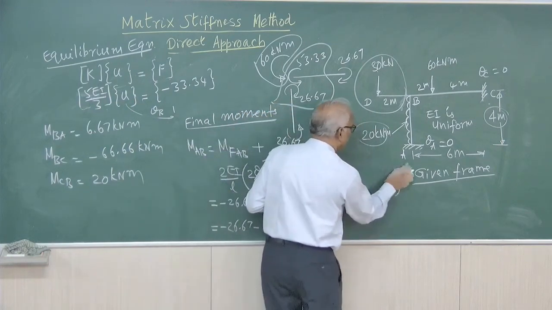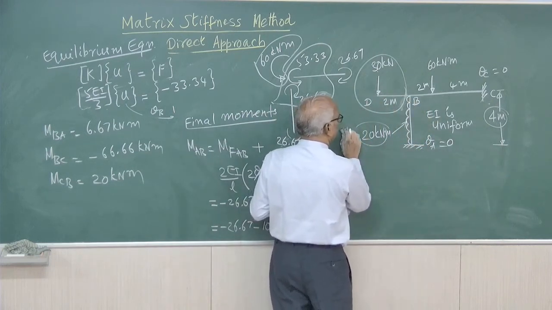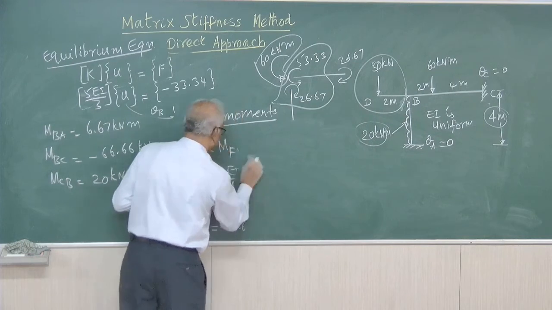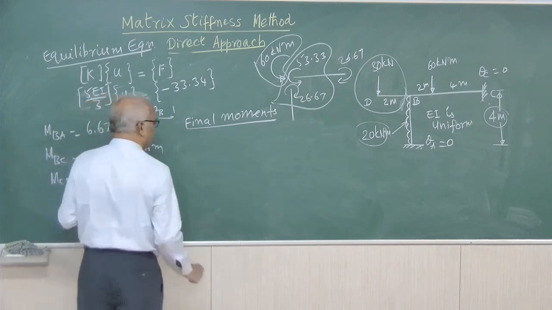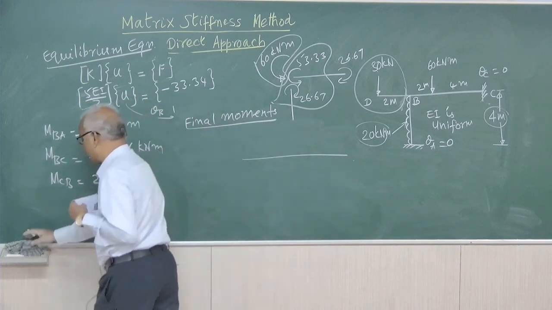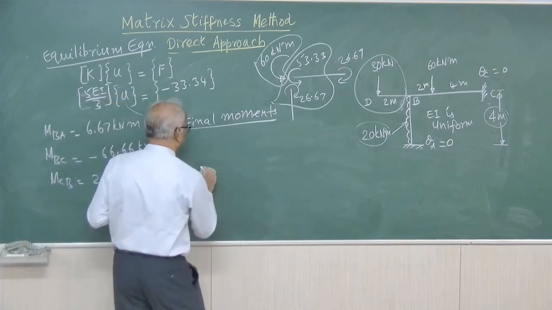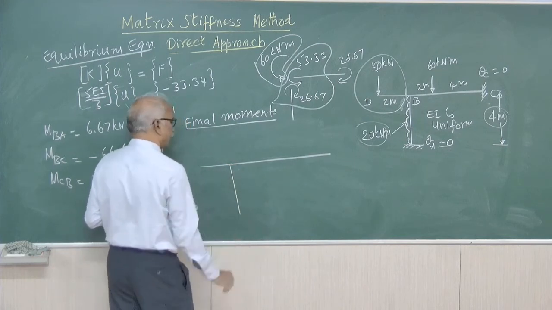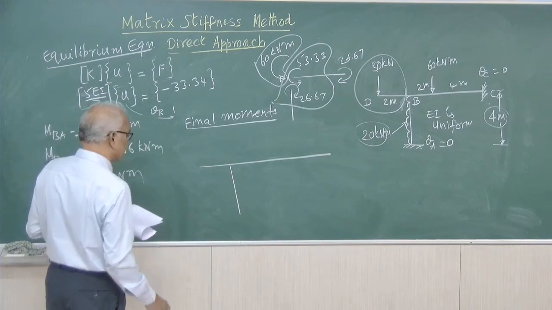Now we have to draw the bending moment diagram. This is the frame. MAB, as we have calculated, is minus 36.67.